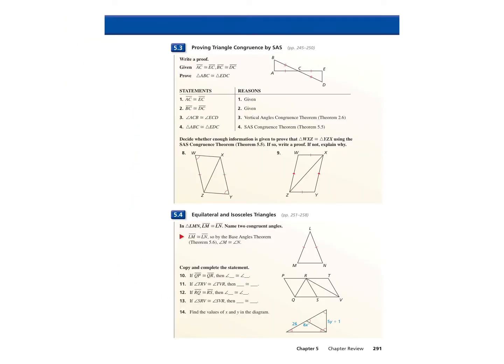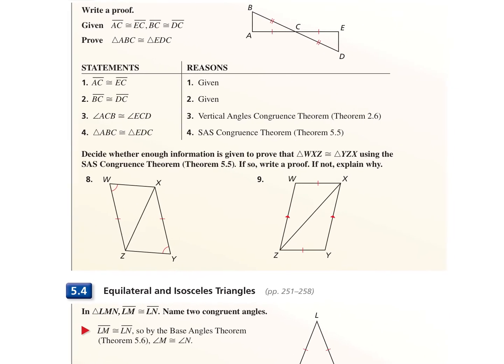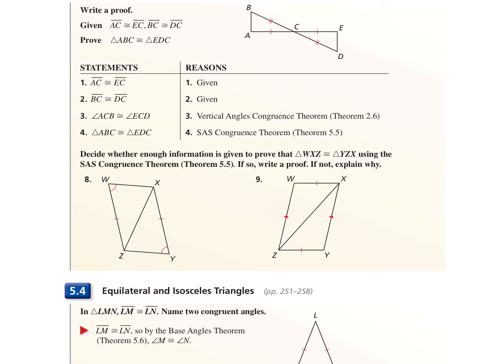So for number 8, now, notice the instructions here. So they gave an example of writing a proof using side angle side, but notice in the instructions on 8 and 9, it says decide whether enough information is given to prove that triangle WXZ is congruent to YZX using side angle side. And if you could, they ask you to write a proof.